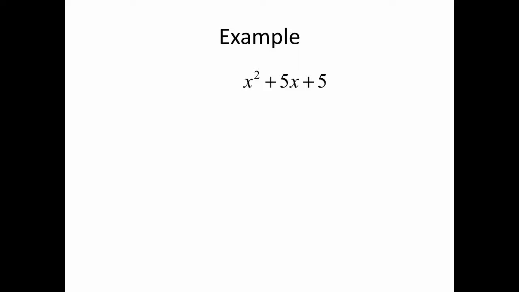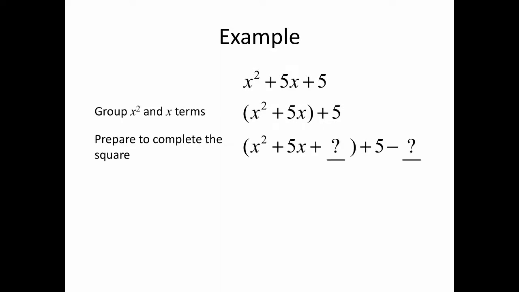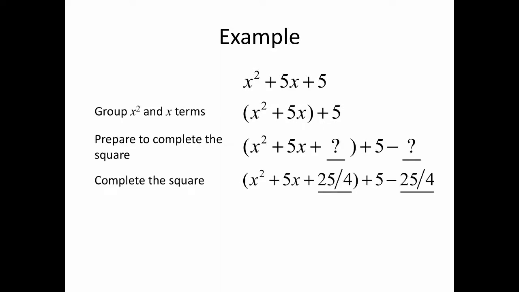Okay, so here's how it's done. We're going to group the x squared and x terms together. Open that space up, complete the square, and in this case, half of 5 is 5 halves. 5 halves squared is 25 fourths, so that's what completes the square, and we add it inside the parentheses, subtract it outside.